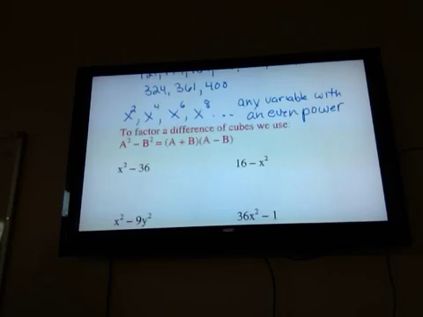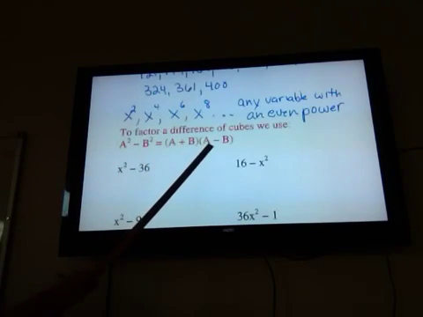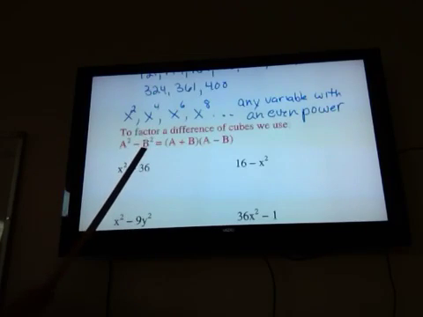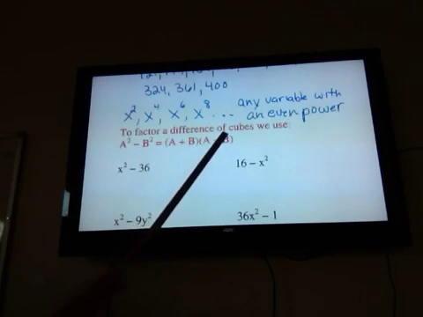What I have in red here, I don't want to call it a formula because that's not what it is, but when I break up a difference of squares into parentheses, which is the factoring process, this is what it factors into. The first term, which is a squared term, goes in the first spot and the first spot of the parentheses. The last term, which is a square, breaks up to the last spot and the last spot.